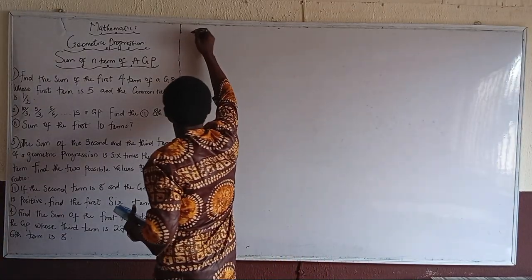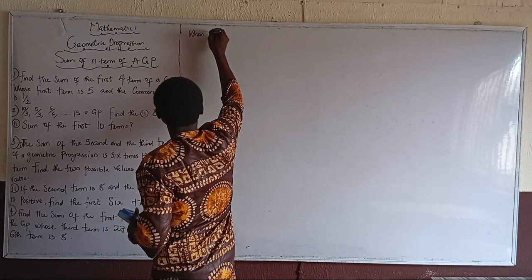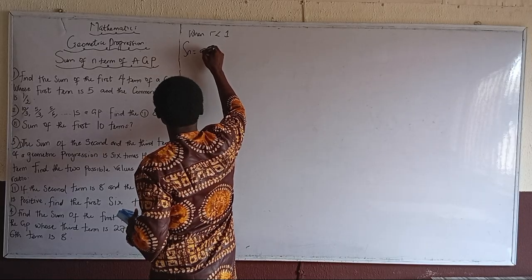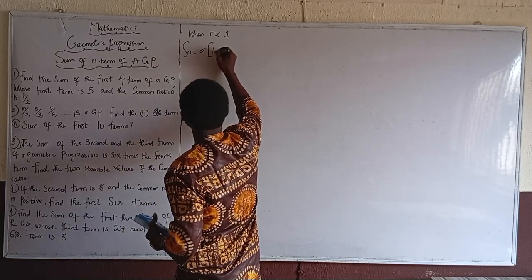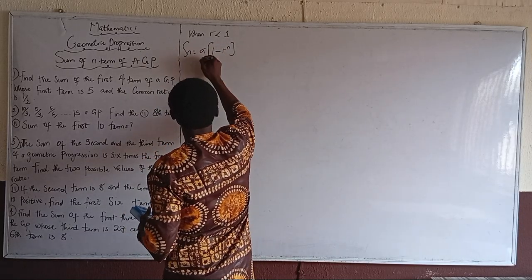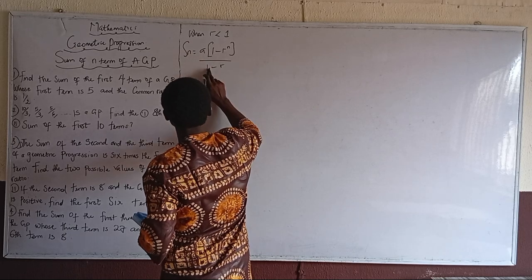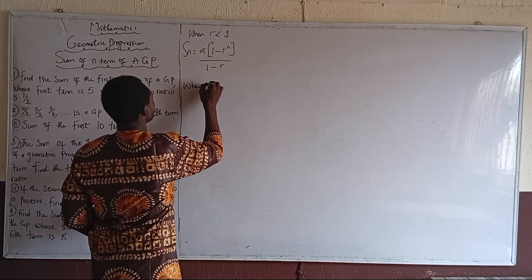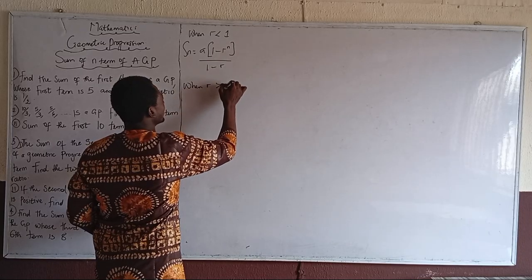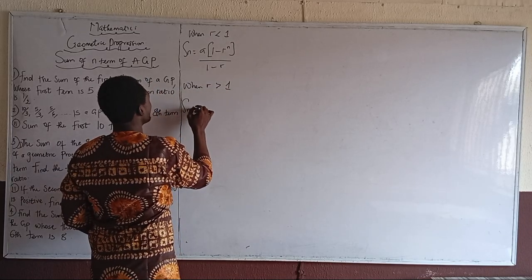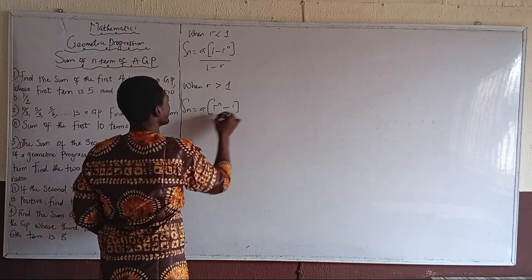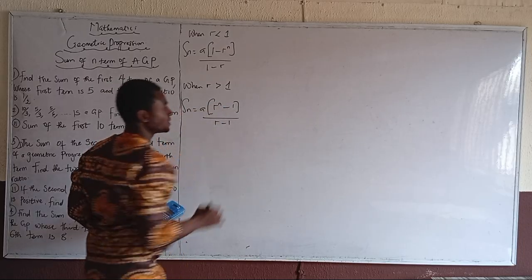So sum when r is less than 1, the sum becomes a open bracket 1 minus r raised to power n over 1 minus r. Now when r is greater than 1, it becomes sum equals a open bracket r raised to power n minus 1 over r minus 1.